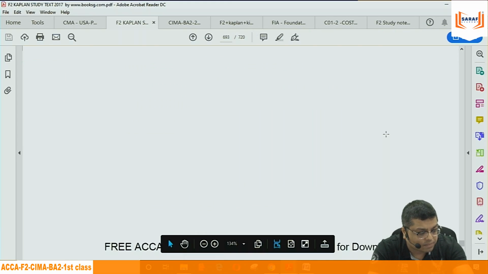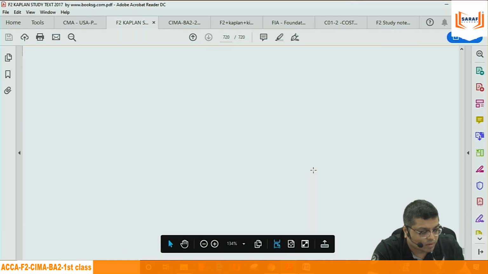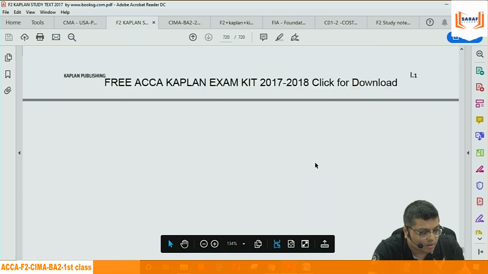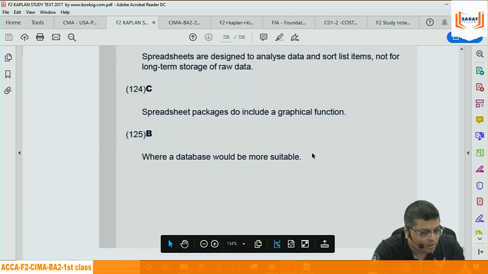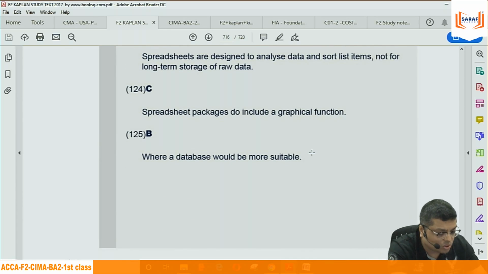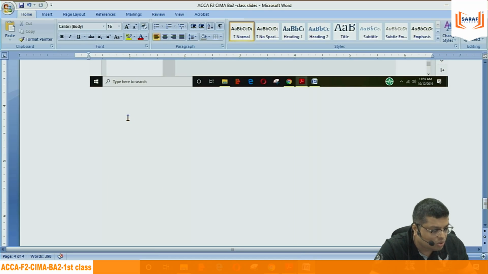For the solution, I am taking a screenshot, then I am pasting the solution.